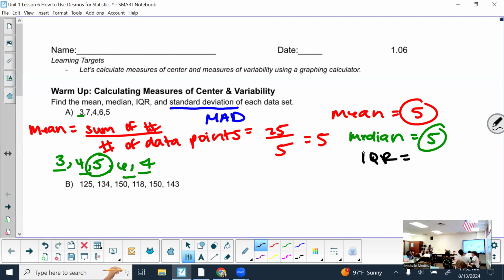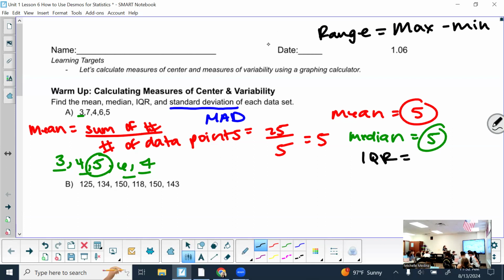Now, does anyone in here know how to find just normal range of any data set? Yes. So normal range, like when it says what's the range of the data set, you should be thinking of a subtraction problem. It's your maximum minus your minimum. So my range for this one would be 7 minus 3, which is 4. My data spreads out over 4.